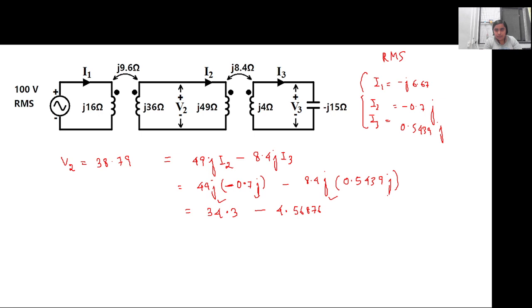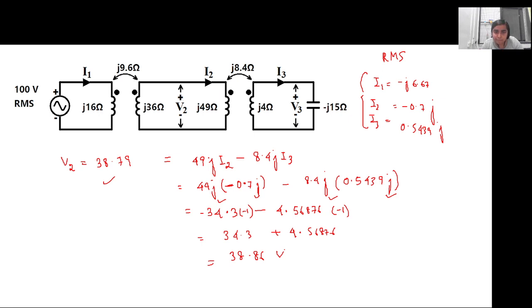Now j squared equals minus 1, so this negative sign will be positive. So 4.56876 plus 34.3 comes out around 38.86, which is correct. Okay, this is V2.